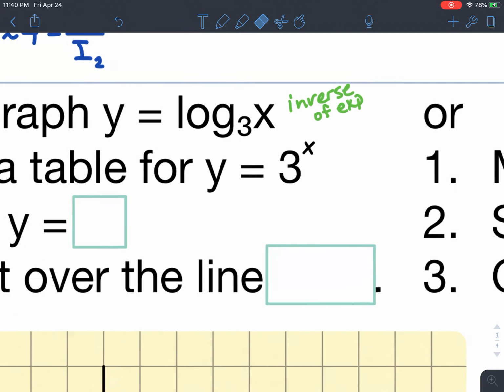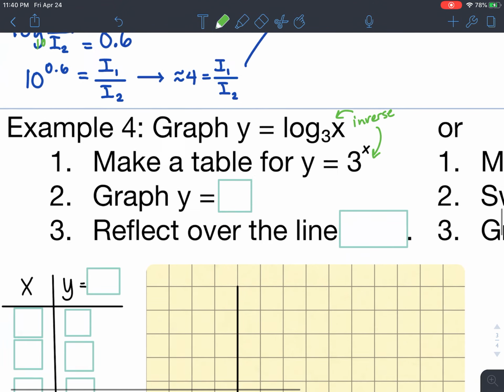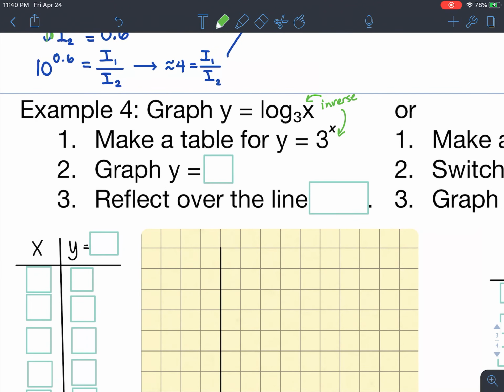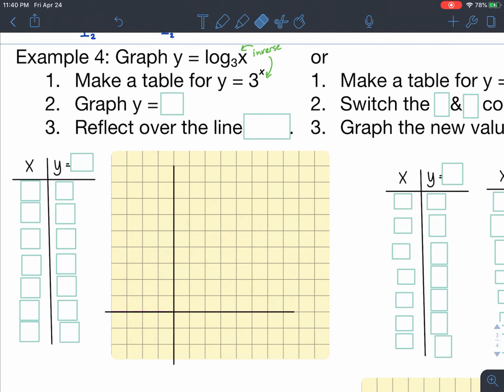That's the inverse of log base 3. These are inverses of each other. So we're going to first make a table for y equals 3 to the x, because as we discussed before, exponents are more familiar to us. So for this, we can start with our x values of negative 3 to 3.